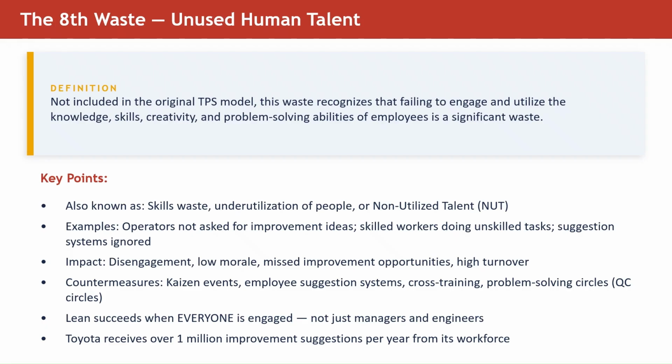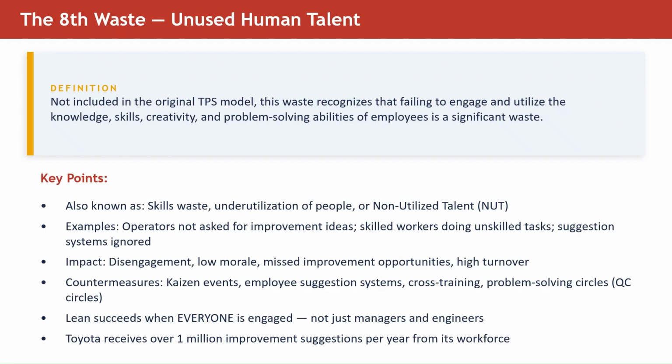This waste was not in Taiichi Ohno's original list because at Toyota, worker involvement was always assumed. But when lean spread to Western organizations, observers noticed that even companies implementing lean tools brilliantly often ignored their most valuable asset, the people doing the work. For example, an assembly operator notices a recurring quality issue but has no channel to report it.